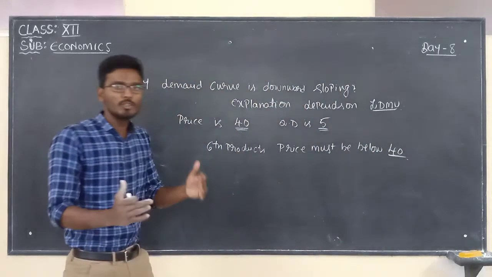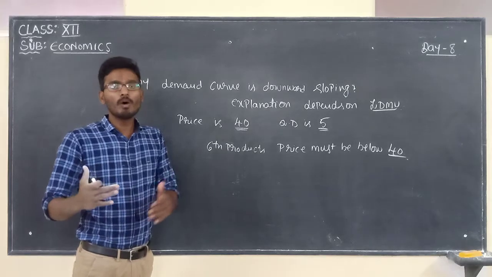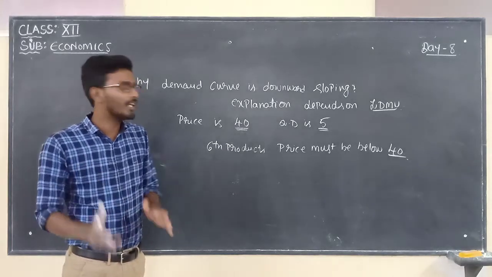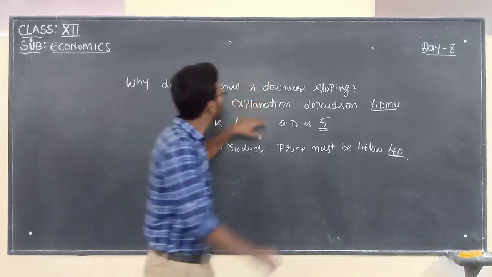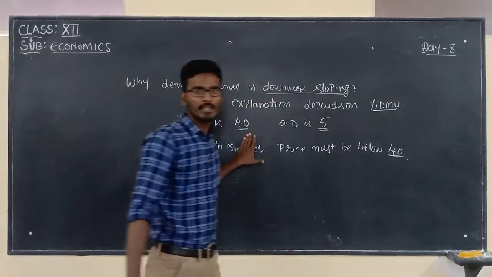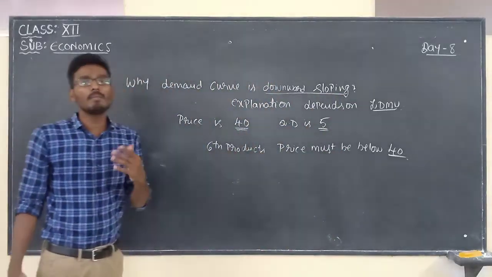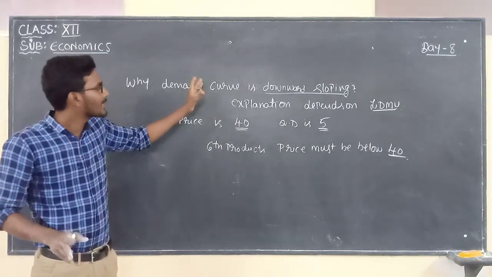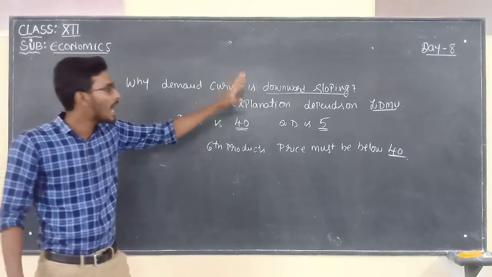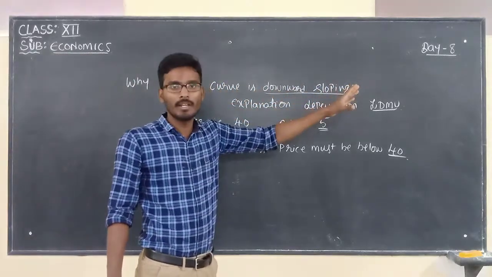Then only is the consumer willing to pay for one more additional unit of the commodity. Due to this reason only, the demand curve is downward sloping. If the question asks why the demand curve is downward sloping, you have to write that the explanation depends upon the law of diminishing marginal utility.